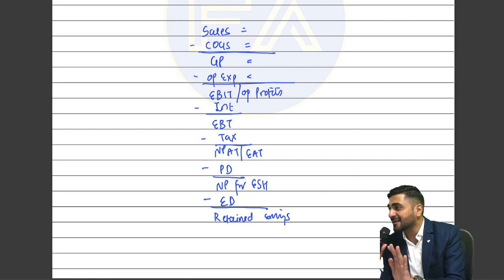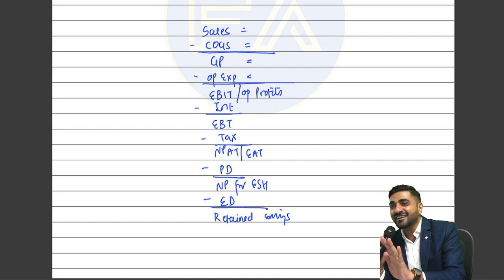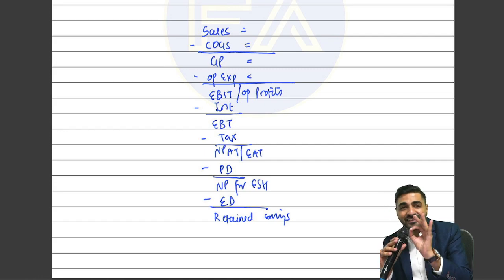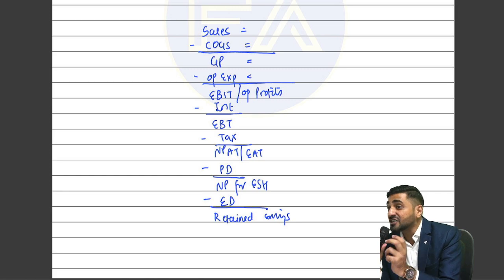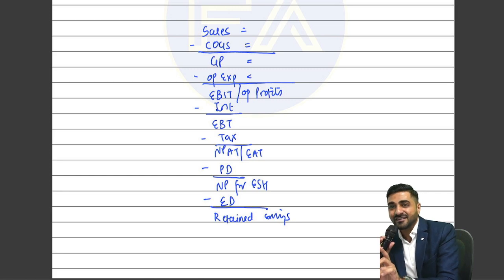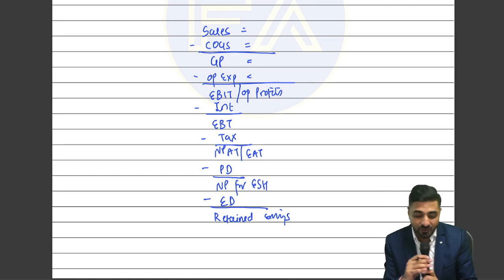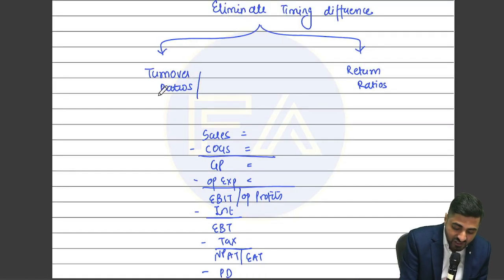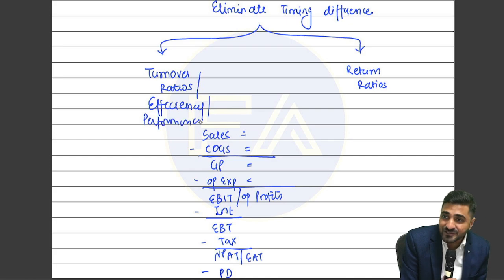Yes. So can I say that turnover ratios take into consideration the efficiency part of the company? Okay, so these are also known as what type of ratios? Efficiency ratios. These are also known as performance ratios. Okay.